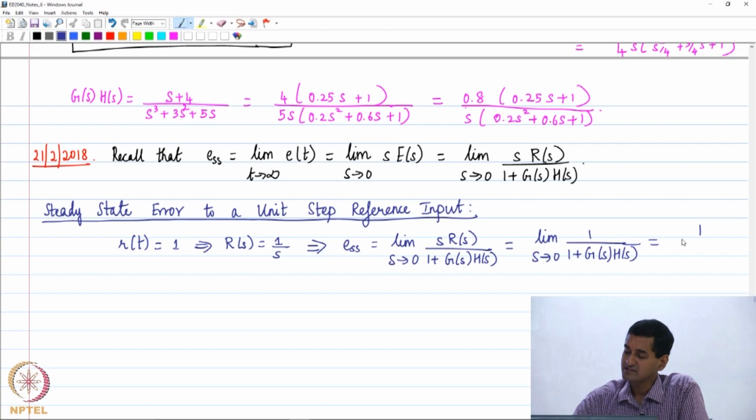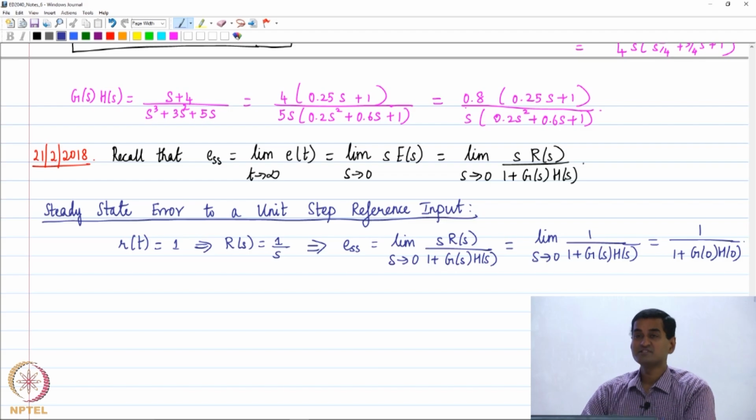This can be rewritten as 1 divided by 1 plus G0 H0, where G0 H0 is nothing but the value of the open loop transfer function evaluated at s equals 0, right.